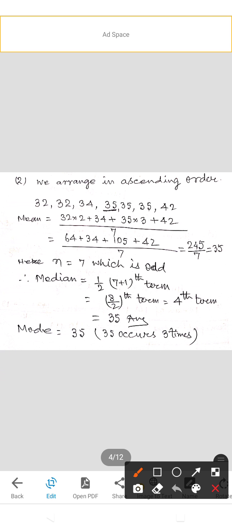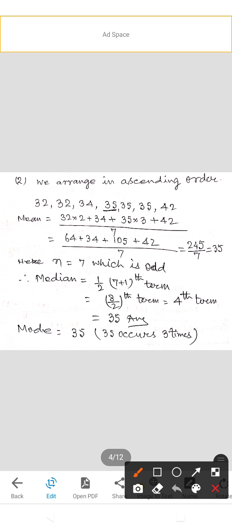First of all, we arrange the given data in ascending order. So write it this way: 32, 32, 34, 35, 35, 35, 42. Therefore, the mean equals: 32 occurs 2 times, so 32 multiplied by 2, plus 34, plus 35 occurs 3 times, so 35 multiplied by 3, plus 42, divided by the total number of observations, that is 7.